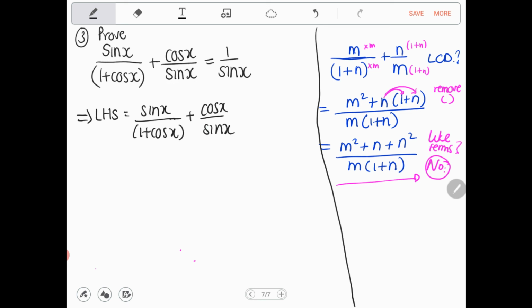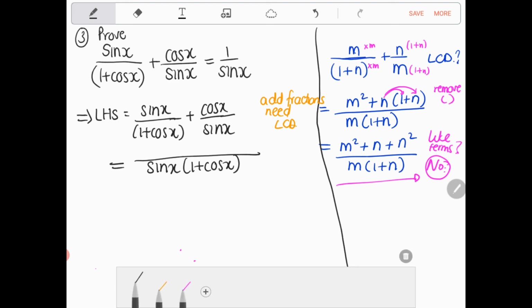Okay, there's no tan, so I can't replace tan with sine over cos. So I start by saying we want to add fractions. So we need a lowest common denominator. And my lowest common denominator is going to be a sine x from the single there and a bracket, 1 plus cos x.